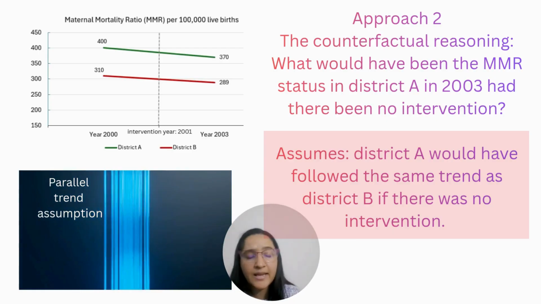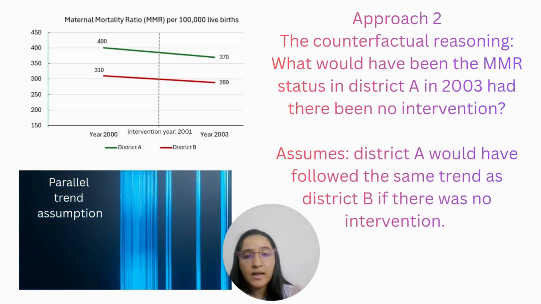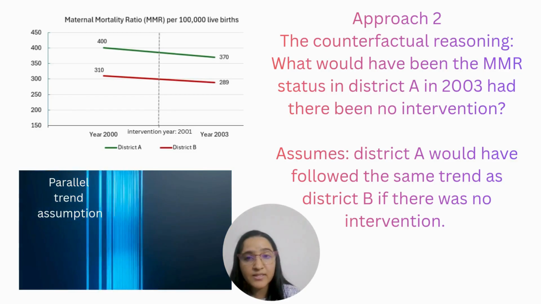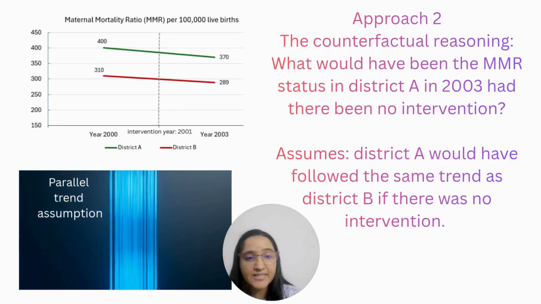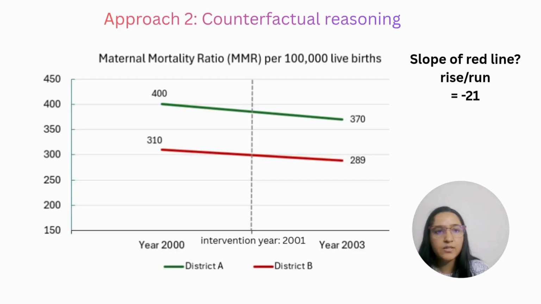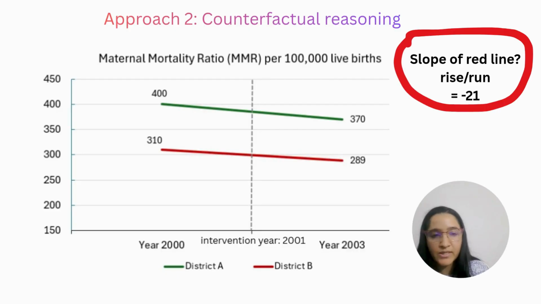And this is an important assumption called the parallel trend assumption in DID analysis. So here, the slope of this red line, the comparison district, can be calculated by the simple slope formula, rise over run. That is the change in vertical distance divided by the change in horizontal distance, or in other words, y2 minus y1 divided by x2 minus x1.